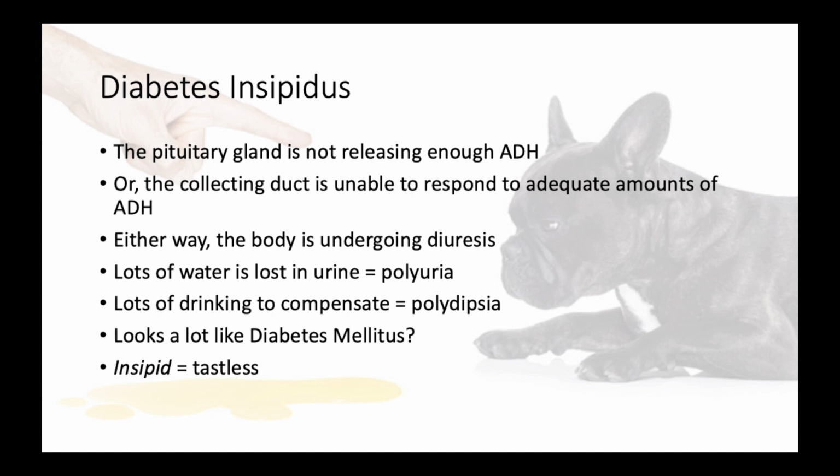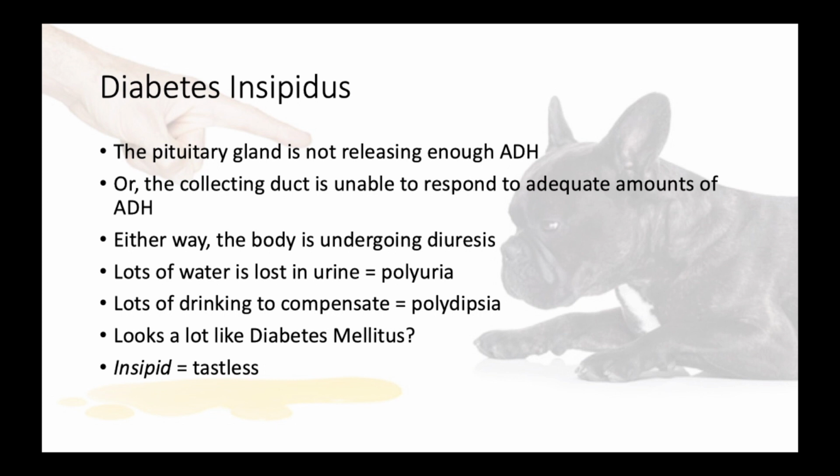It looks a lot like diabetes mellitus. So from afar, it looks a lot like diabetes mellitus. The difference is the balance of electrolytes will be different, will be changed. Okay, these dogs are continuously diuresing. And the glucose will be found in the urine for cats and dogs that have diabetes mellitus. Okay, we won't get glucose in the urine of diabetes insipidus.